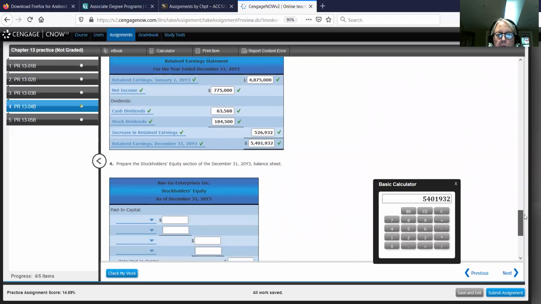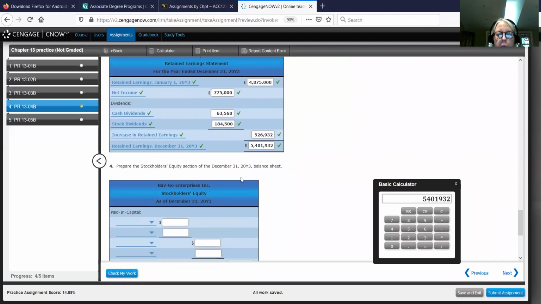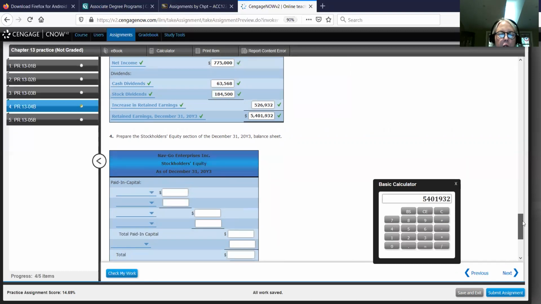Once we're through with the retained earnings statement, then we would prepare the balance sheet. They only gave you the stockholders' equity portion of the balance sheet. This is what's new to you in this chapter. Assets and liabilities would also be recorded on the balance sheet, but instead of owner's equity, we would be recording stockholders' equity.